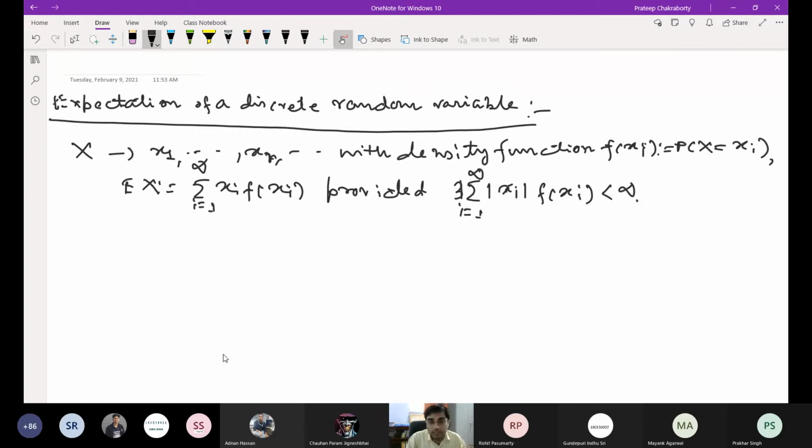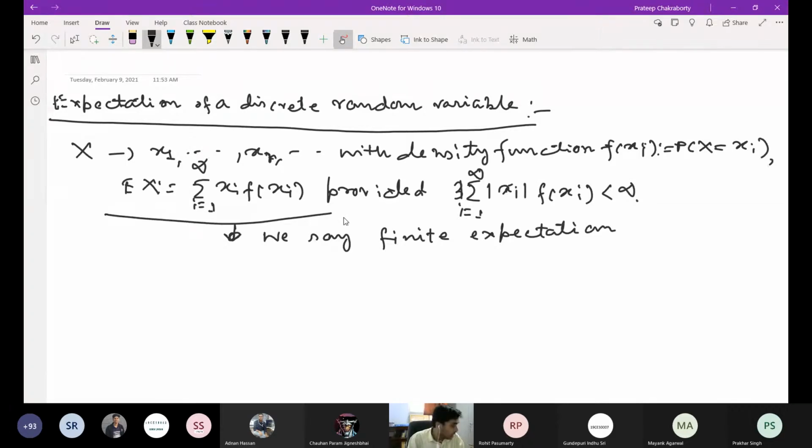If this infinite sum is finite, in that case we say x has finite expectation, and the expectation is defined as before. And this is the expectation. We defined this in the last class.